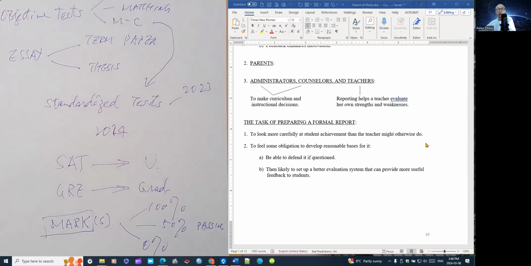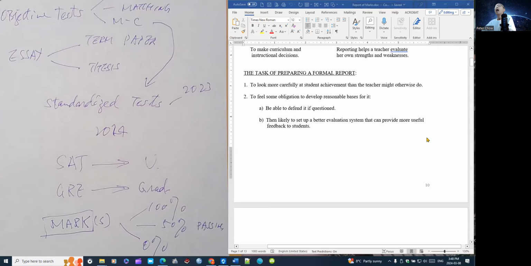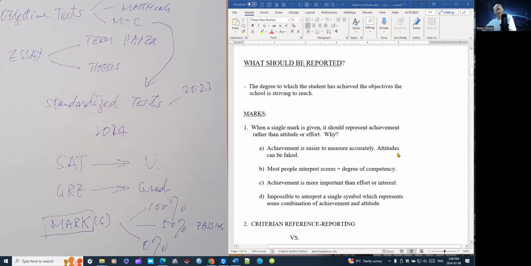So for the teacher, it's good to look at here to improve instructional strategy, and also to create a marking system whereas she could defend it. Right? Okay.